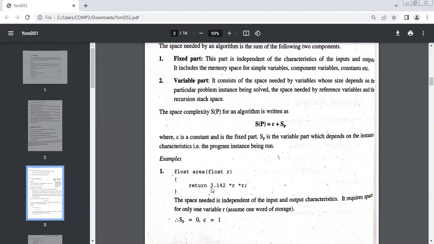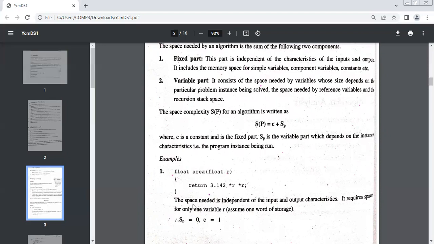Here we write return 3.14, where 3.14 is the constant value of pi, times r into r, where r means radius. So this function calculates the area of a circle and returns it.